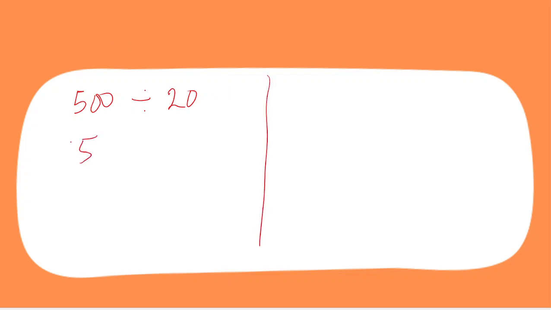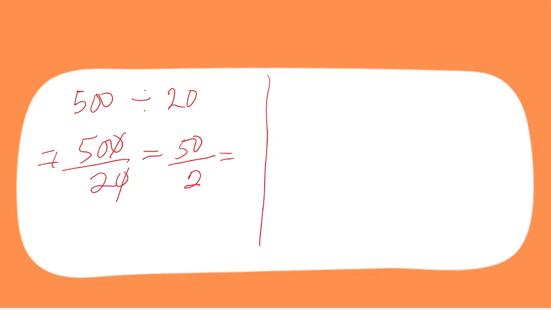That's going to be 500 divided by 20. So we cancel the 0. So that means we have 50 out of 2, and this is going to give us 25.